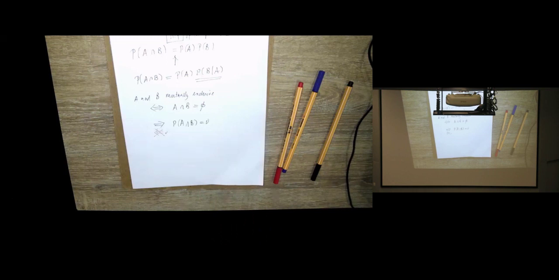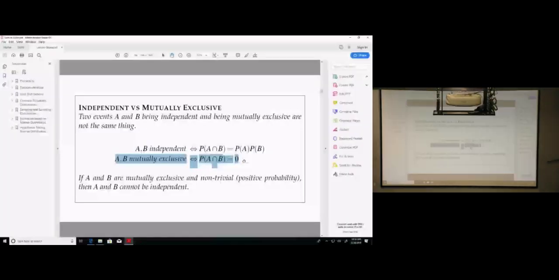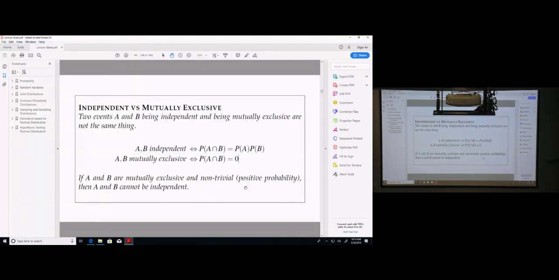So I thought this statement was very wrong, but I think a better one would be this. If A and B are mutually exclusive and non-trivial, then A and B cannot be independent.